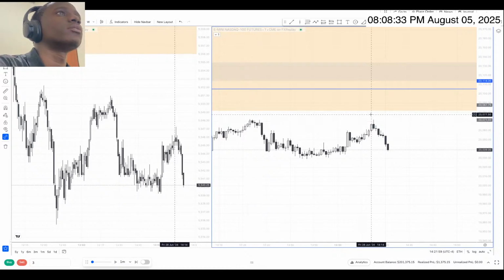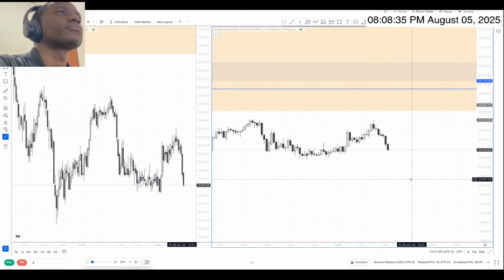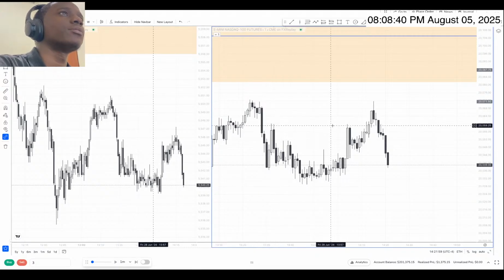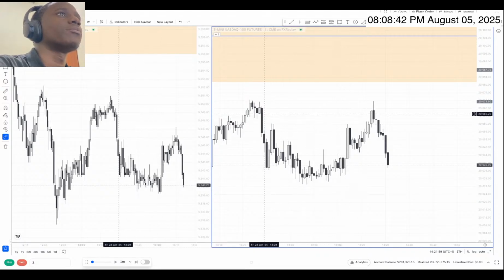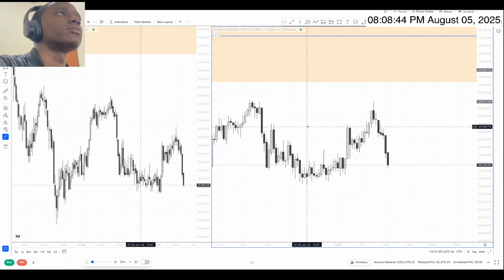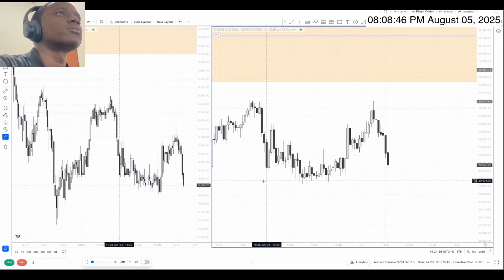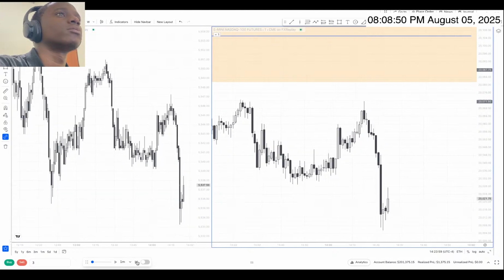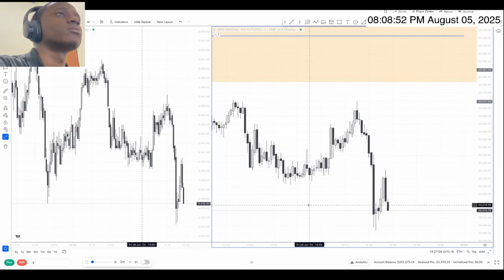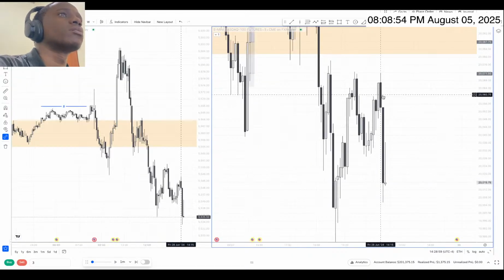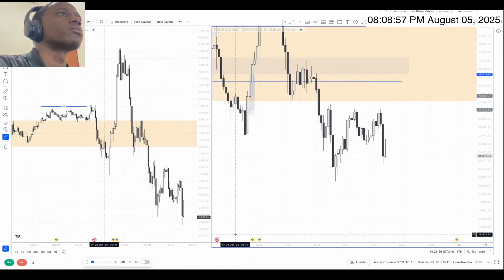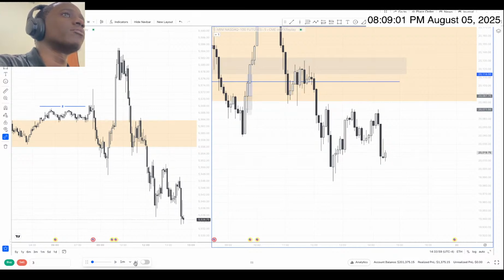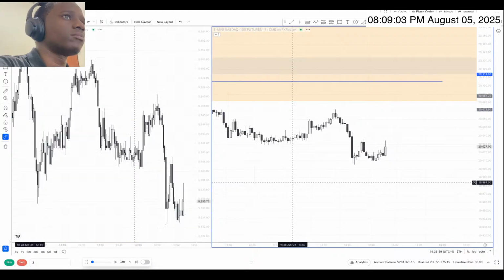Equal highs here, and other internal equal highs that we ran through right here. There's some crazy moves. I'm performing an SMT on the 5. Back to the 1.